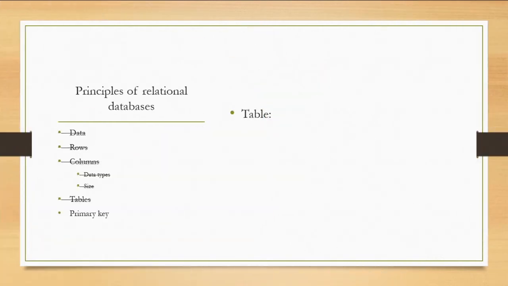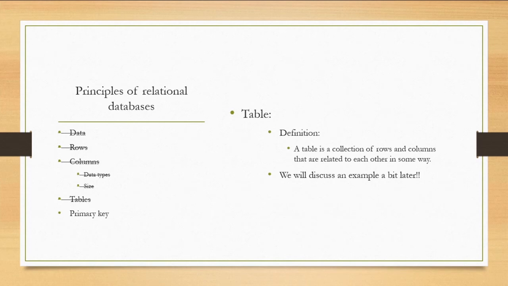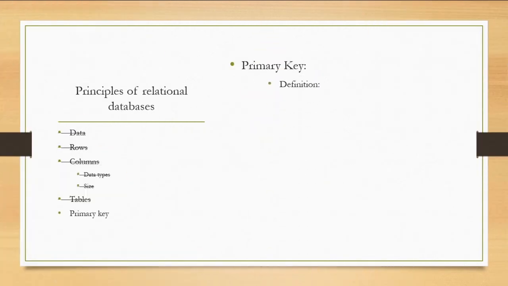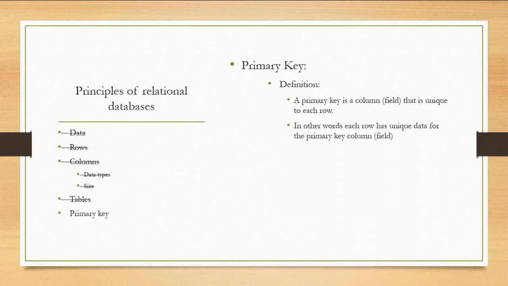Table. Let's look at the definition of table. A table is a collection of rows and columns that are related to each other in some way. We will discuss an example a bit later. Let's look at primary keys. The definition. A primary key is a column that is unique to each row. Remember again, column and field are the same thing. In other words, each row has a unique data for the primary key column.